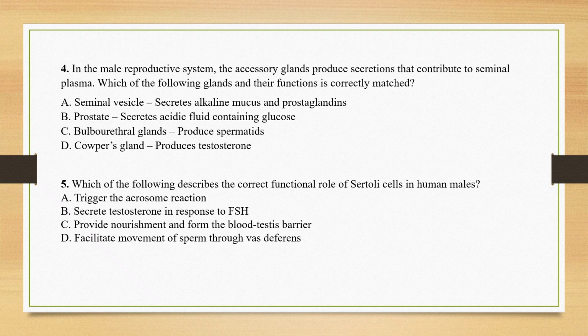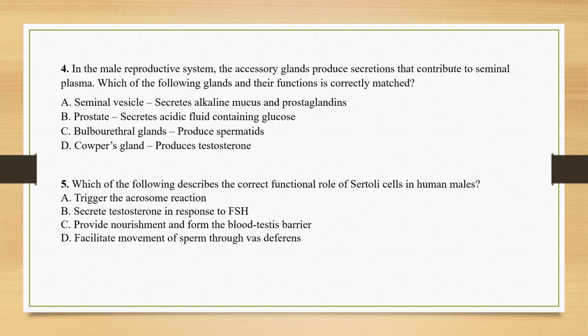In the male reproductive system, the accessory glands produce secretions that contribute to seminal plasma. Which of the following glands and their functions is correctly matched? So we know the accessory reproductive glands in male, they are seminal vesicles, prostate gland and bulbourethral or Cowper's gland.